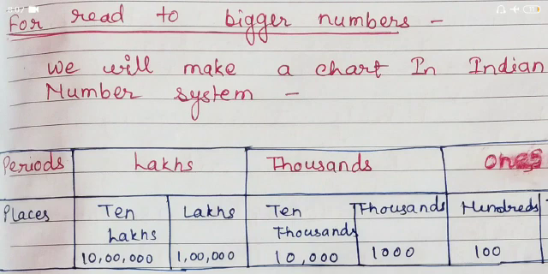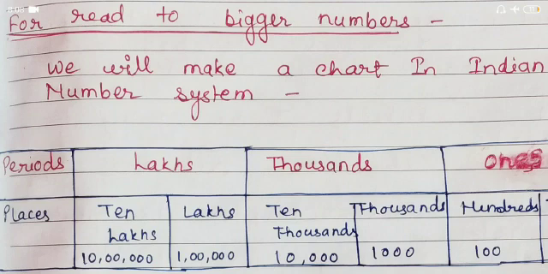Now I am going to tell you how to make bigger numbers, to understand it. If I make an Indian system chart, in the Indian system periods are divided from right to left.